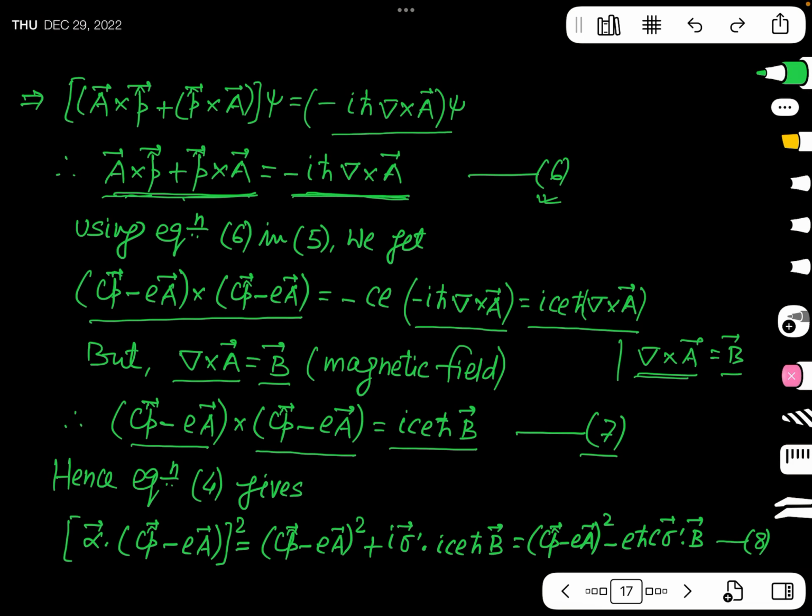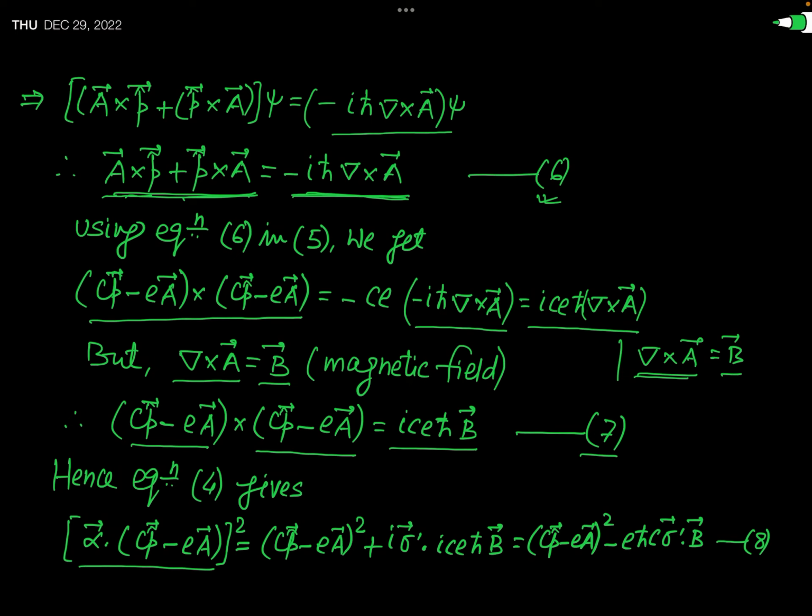See the equation number 4 and write all the terms now. This is the LHS of equation 4 you have just seen, alpha dot (Cp minus eA) square, and in the RHS the first term was (Cp minus eA) square, plus i sigma dashed dot this much. But this much is now equal to what?